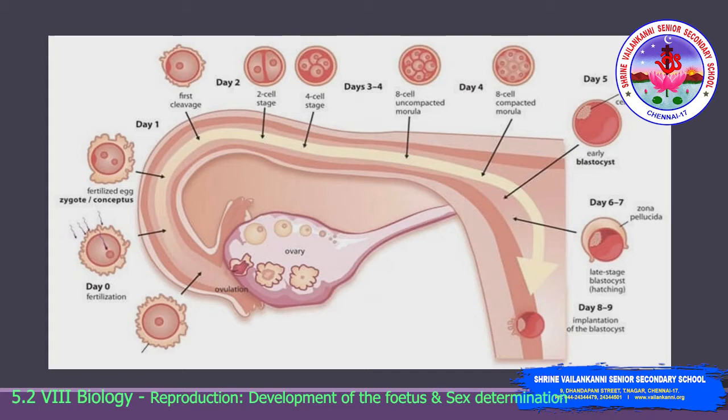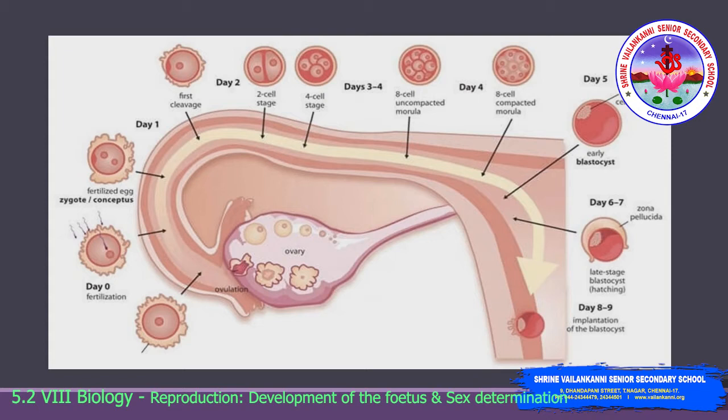The blastocyst is lined with zona pellucida. Thus, it hatches to remove the zona pellucida. Then the trophoblast sticks to the uterine wall, starts to invade it and penetrates deeper. So this process is called implantation.